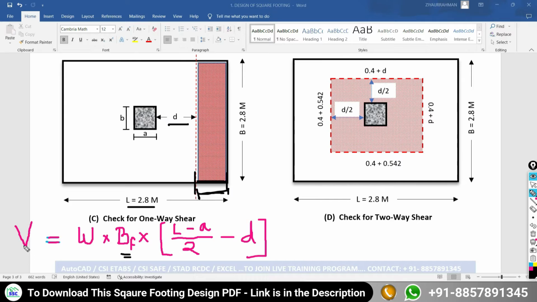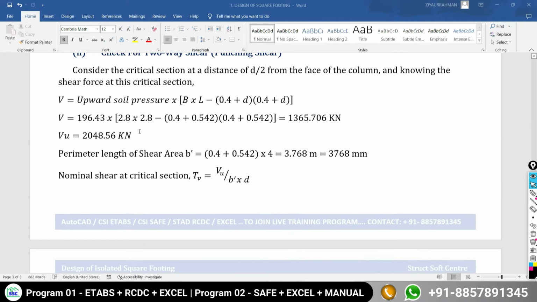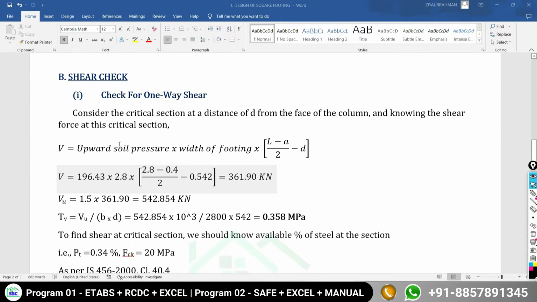Okay, so with this formula we can calculate the shear force, and that same formula you can find in these notes. Here it is available. We are going to consider the critical section at a distance of d from the face of the column, and knowing the shear force at this critical section, the formula written here is upward soil pressure multiplied by width of the footing multiplied by L minus A, where A is the size of the column, divided by 2, minus the effective depth.